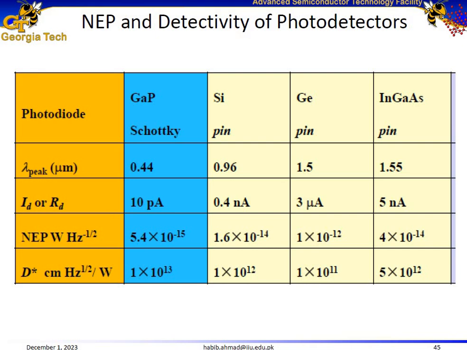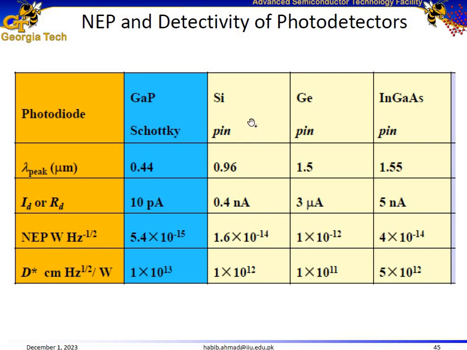The dark current actually corresponds to the leakage current under reverse bias, and this property is material dependent. It depends on the band gap of the semiconductor. If the band gap is higher, the leakage current generally is low. For example, the band gap of silicon is 1.1. The band gap of gallium phosphide is around 1.4. So a wider band gap means it gives smaller leakage current, which is more desired.